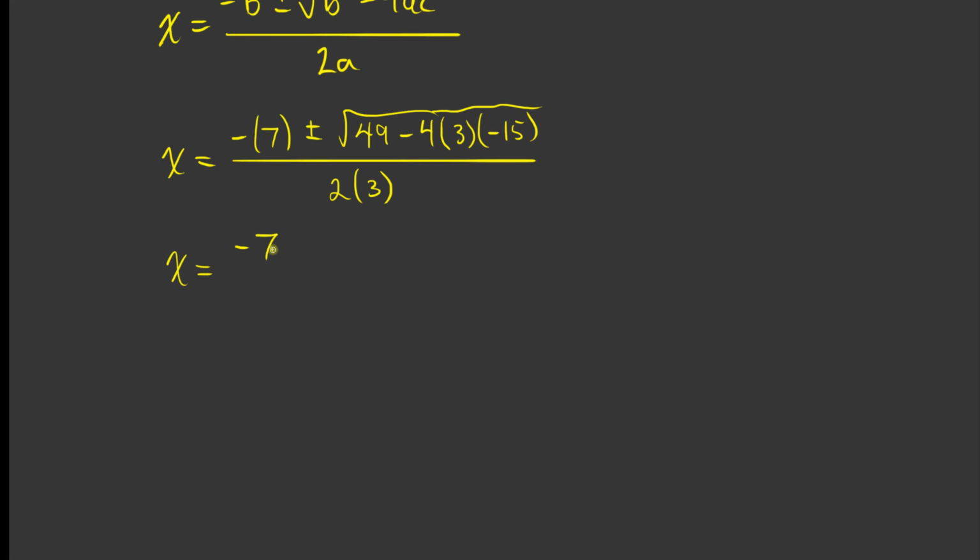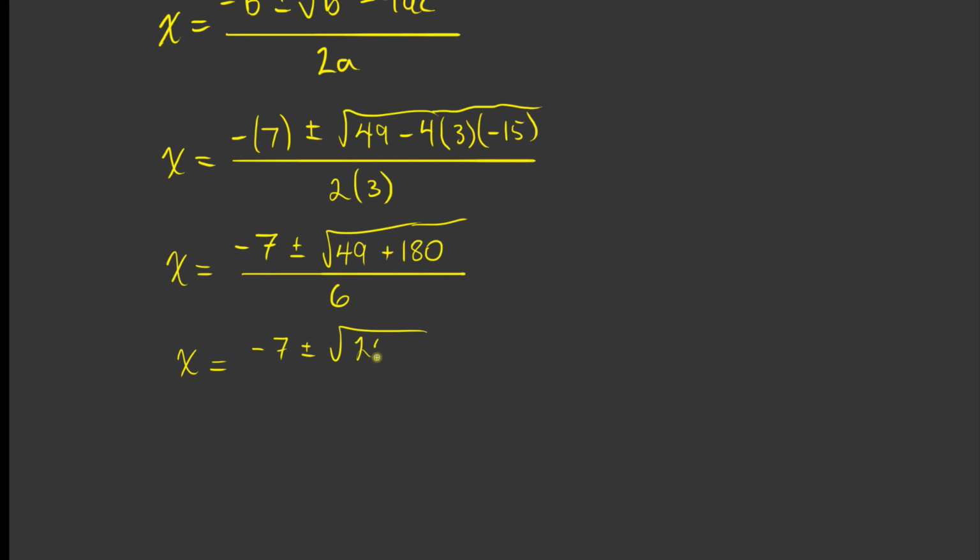So we've got negative 7 plus or minus the square root. The 49 is still there, and we're going to have a positive 180 by multiplying all of that out. The denominator is a nice and simple 6, and we're just going to continue doing our arithmetic as we go. 180 plus 49 is 229.